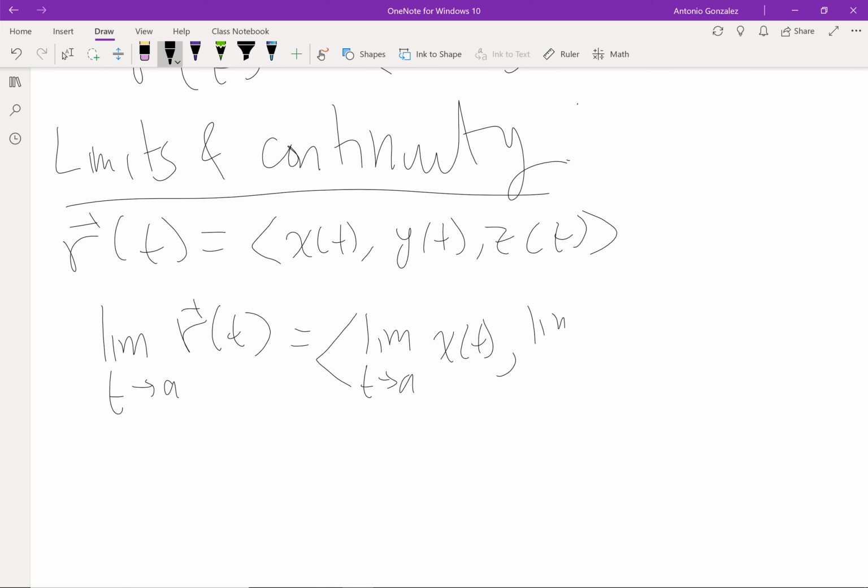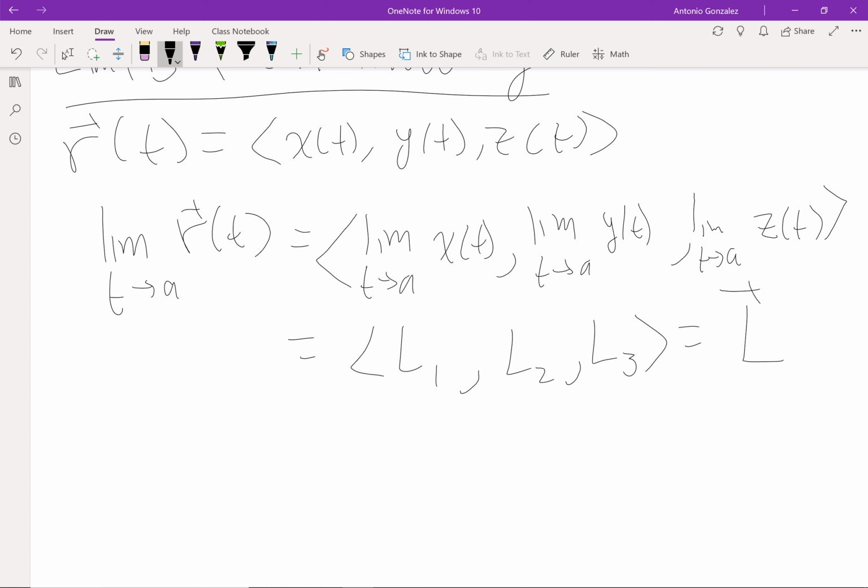And let's say that each one of these limits exists. We'll call them L1, L2, L3. And that would be equal to what we'll define as the constant vector. Okay, so that's how we can define the limit of this function. And if all 3 of these limits L1, L2, and L3 exist, then we could say, all right, that function is continuous when the parameter t approaches a. All right. Thank you.